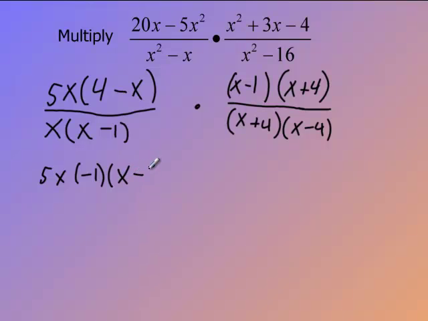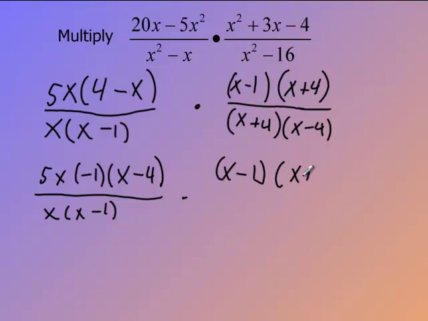So I'll just flip them around, and then bring everything else down: x minus 1, x plus 4, and then our difference of squares, x plus 4 and x minus 4.